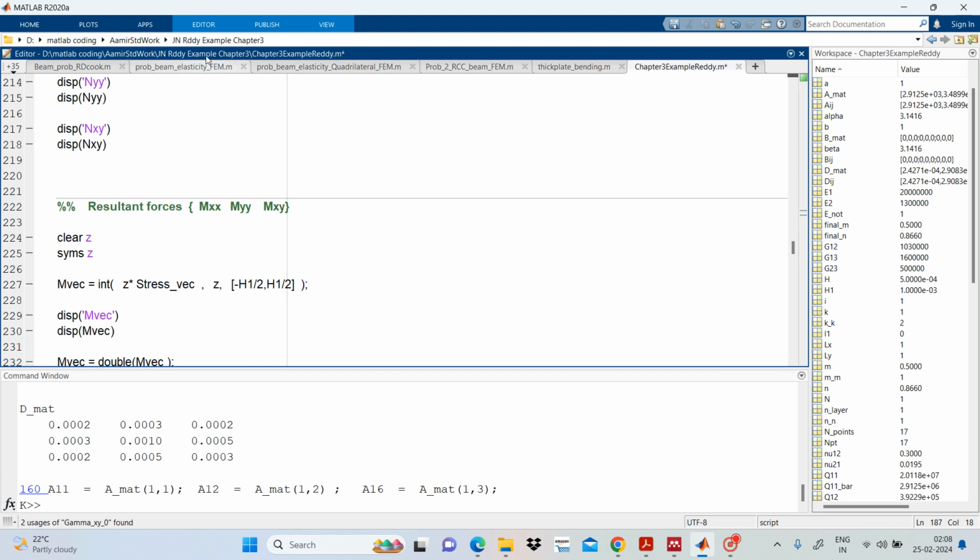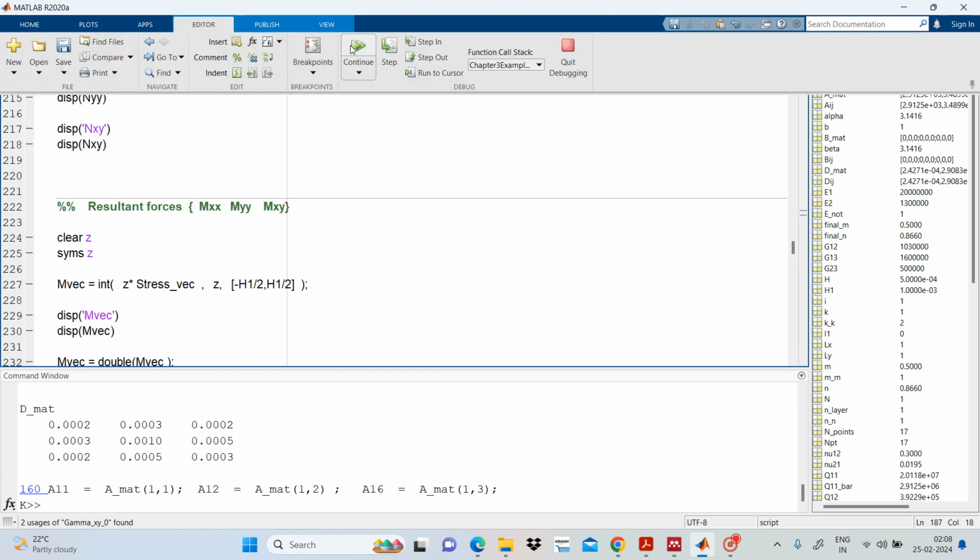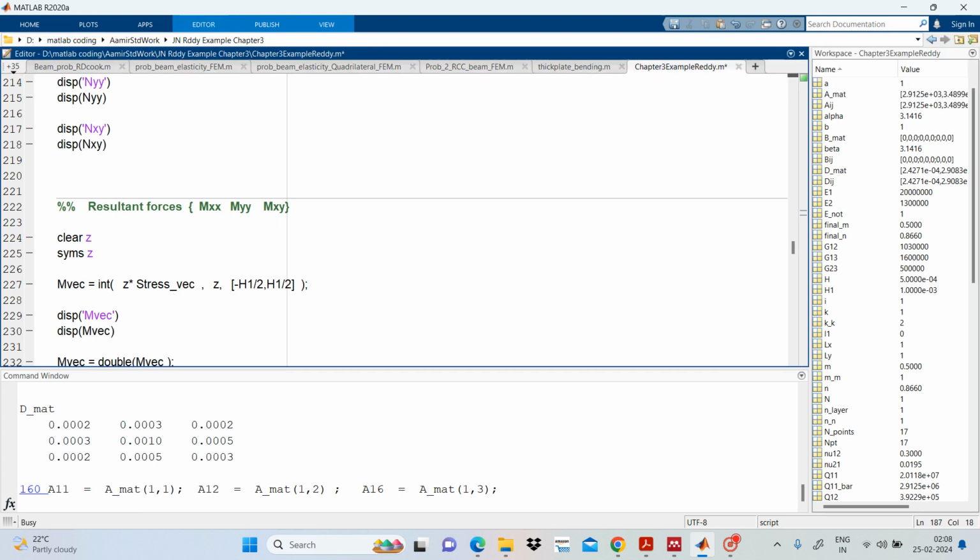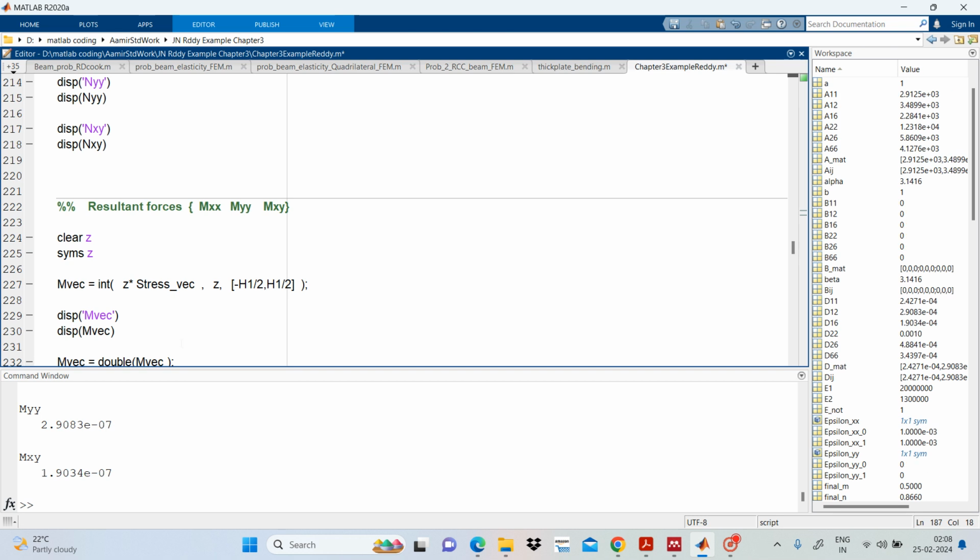We will run this code first. We are getting 2.9125 in YY, but it should not be there, so we have to run it again.